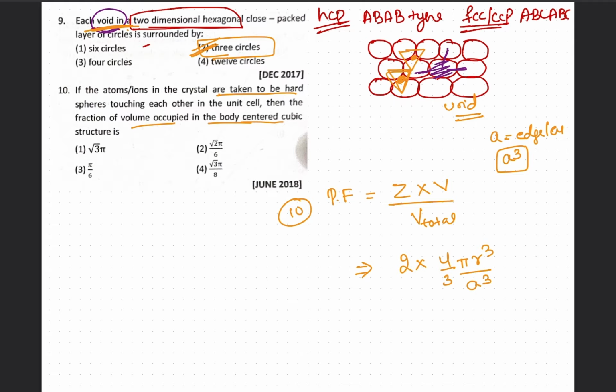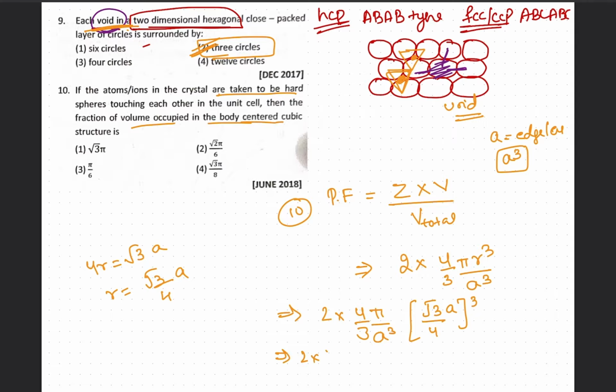Now we know that in a body centered cubic, 4r is equal to root 3 a, so r will be root 3/4 a. So put here the value: 2 into 4/3 pi r cube, where r cube is (root 3/4 a) cube.